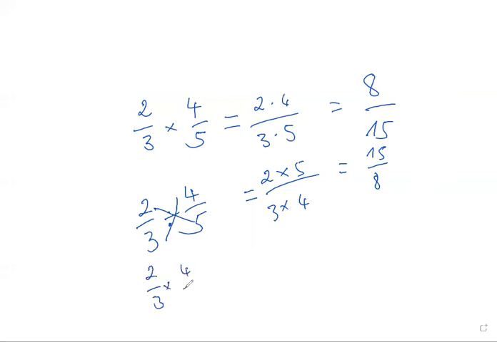So 2/3 divided by 4 over 5 is actually 2/3 times the flipped version of 4 over 5, which is 5 over 4. And we see 2 times 5 is 10, and 3 times 4 is 12, so 10 over 12. That's it. So add, subtract, multiply, and divide. Here you have how they work.